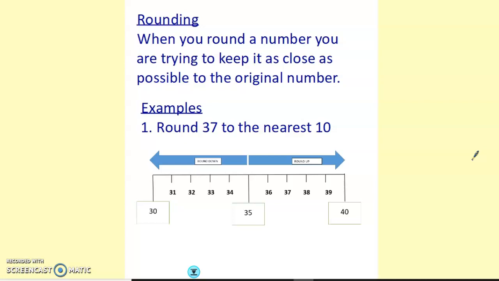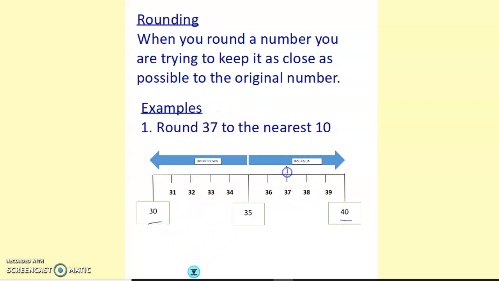If we have a look at the example down here, I want to round 37 to the nearest 10. If we're rounding to the nearest 10, we're looking for a number like 10, 20, 30, 40, 50, 60, 70, 80, anything that ends in at least one 0. So 37 is between 30 and 40. All we want to decide is whether it is closer to 40 or closer to 30.